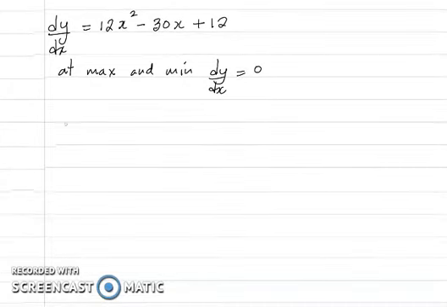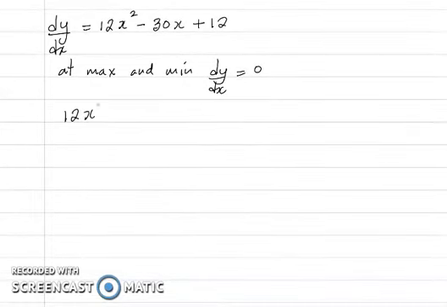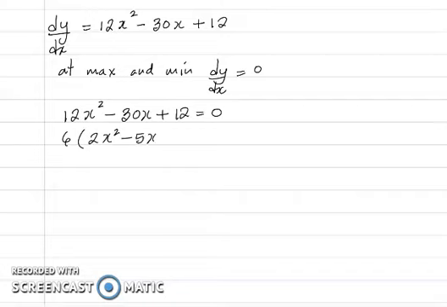So therefore 12x squared minus 30x plus 12 is equal to 0. 6 is common, so let's factor out a 6. So we have 6 into 2x squared minus 5x plus 2 is equal to 0. 6 is not 0, so therefore it must be that 2x squared minus 5x plus 2 is equal to 0.